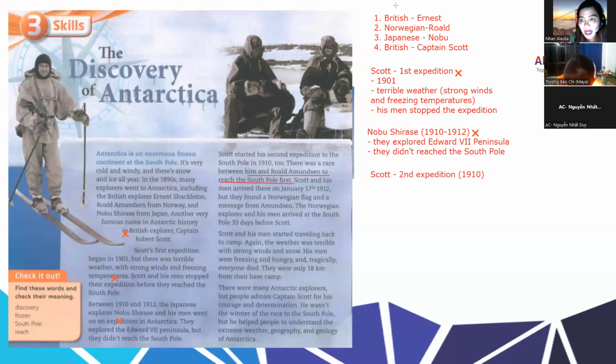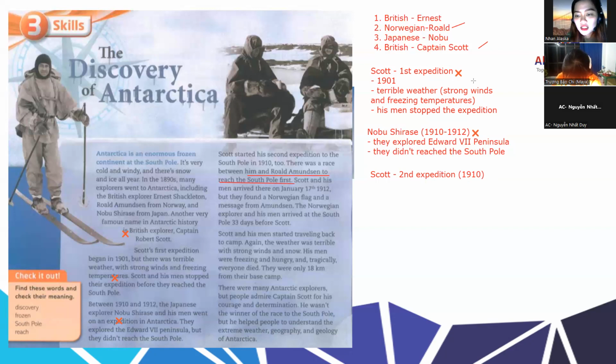Meaning Captain Scott and the Norwegian explorer Roald Amundsen are having a competition. Who will get first to the top of the South Pole? So they are competing with one another.